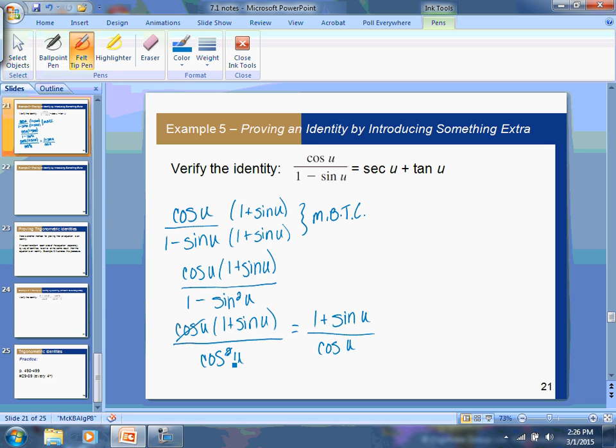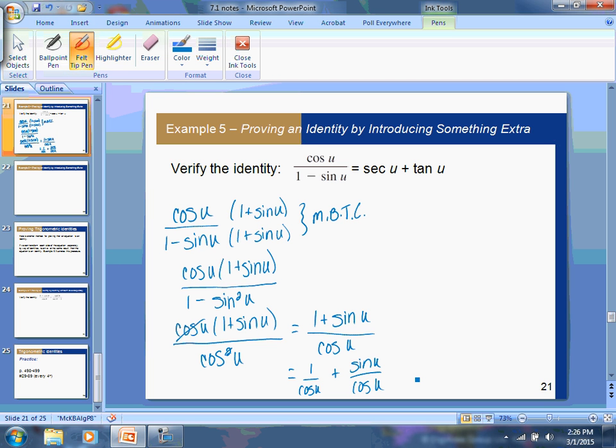Now, this is a step that we saw in the previous section of notes where I have one fraction. It has two terms in the numerator, so I'm going to break them apart. So I'm going to have 1 over cosine u and sine u over cosine u.